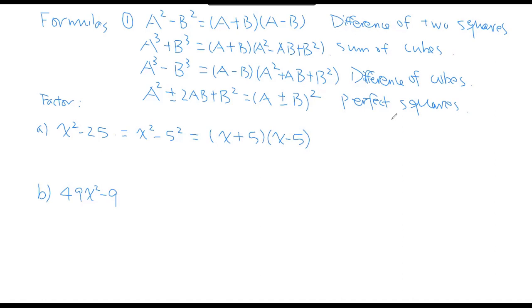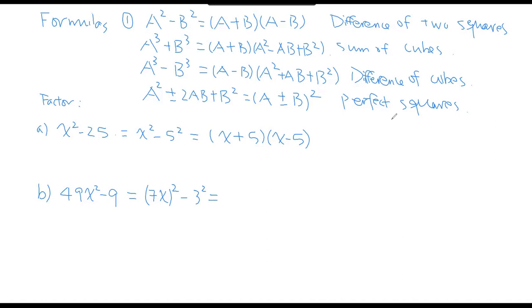And you can check this is the right factorization. Then the second one, you have 49x squared, and you should write this as 7 times x, in parentheses, squared, minus 9, which is 3 squared.